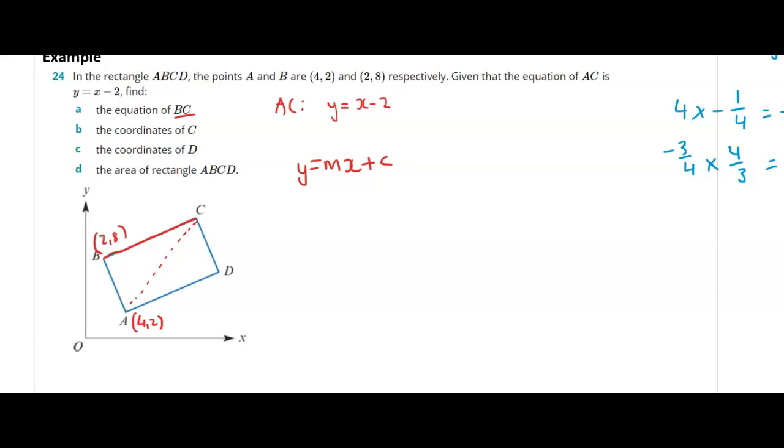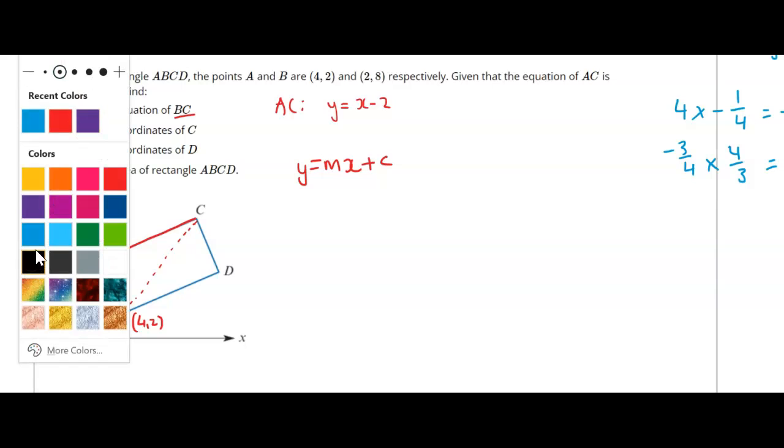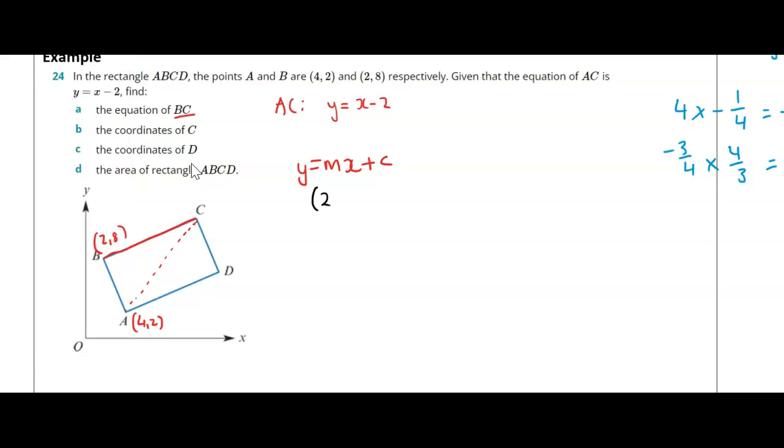At this point, all we have is the point B, (2, 8). We don't know what the gradient is, and we don't know the value of c. We do know the gradient of AC, but it's not really going to help us too much. So let's work out this line AB, or at least just the gradient of AB.